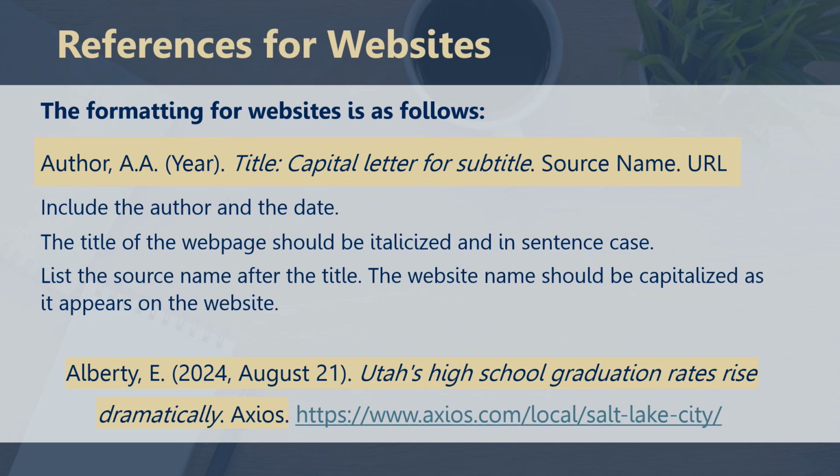The website name will be listed after the web page title. The website name should be capitalized as it appears on the website itself. Next, include an accessible hyperlink to the web page.